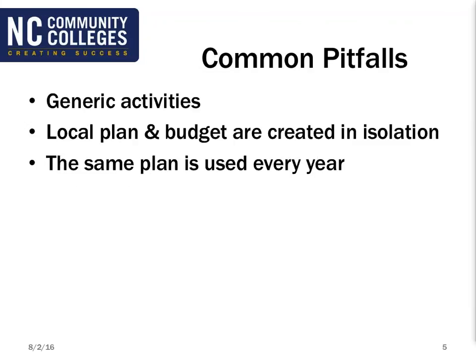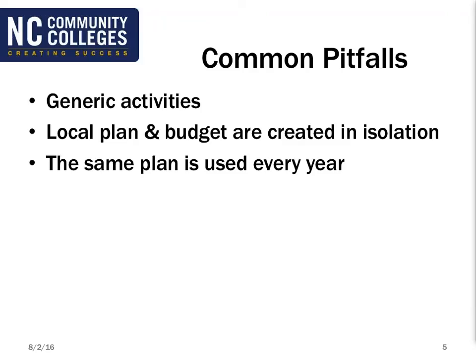Some of the common pitfalls that we see with our local plans is that they have generic activities. For example, you may have an activity that says you'll utilize the program review to identify needs. What would be better is something of the nature that our automotive program will undergo a program review process this year, and we will address with employers the need for updating our equipment.